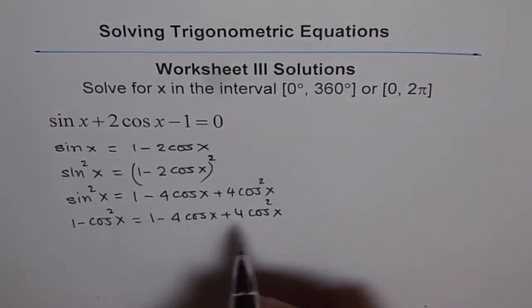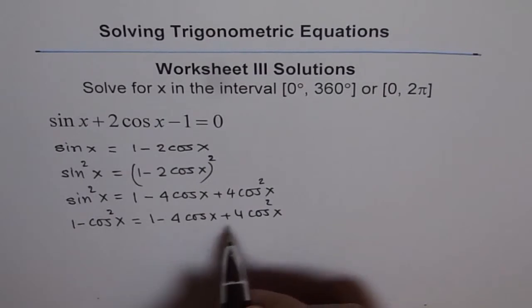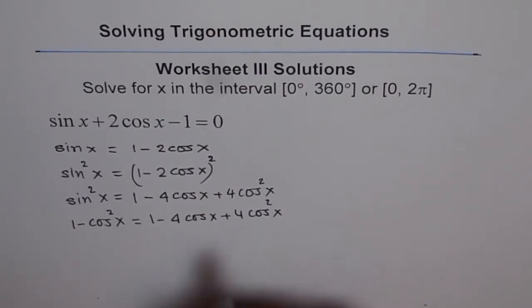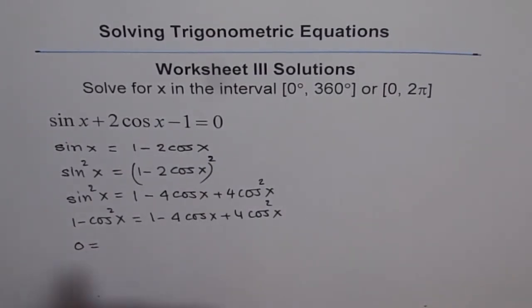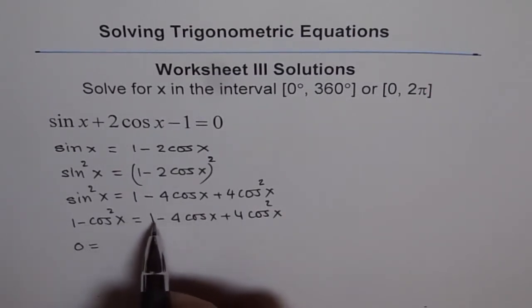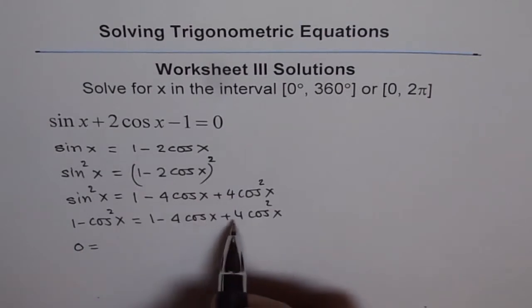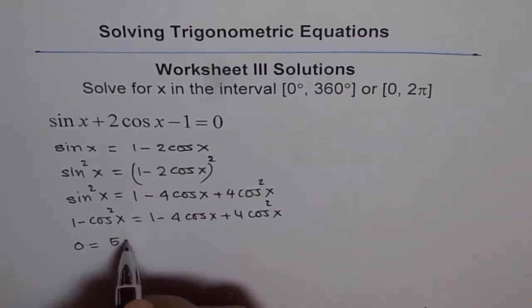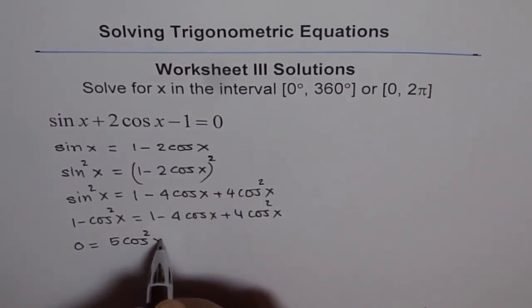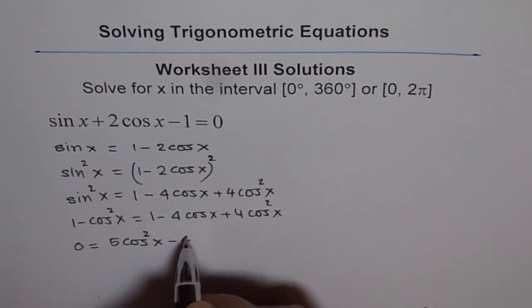Now we can bring all the terms together and then it becomes a quadratic equation in cos x. We get 0 equals 5 cos square x minus 4 cos x. When we bring 1 this side, 1 minus 1 is 0, so that goes away, and the cos square x terms add up.